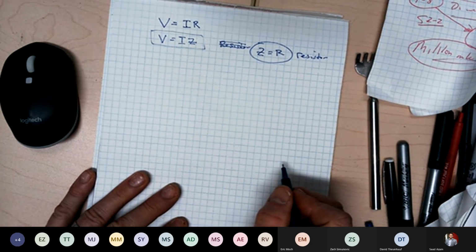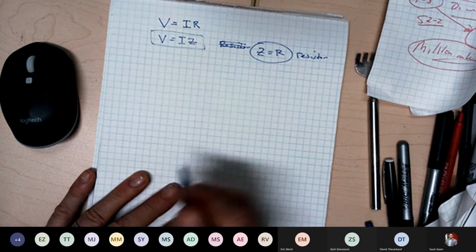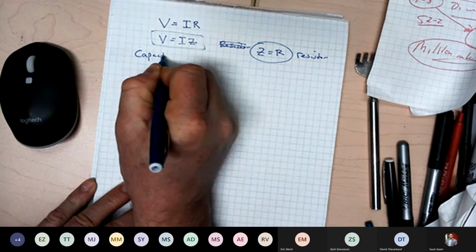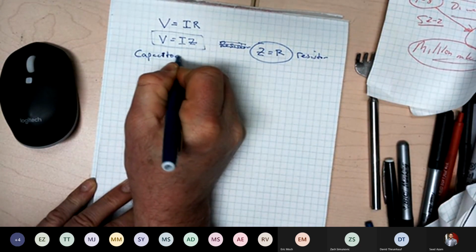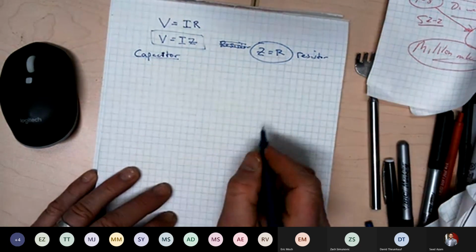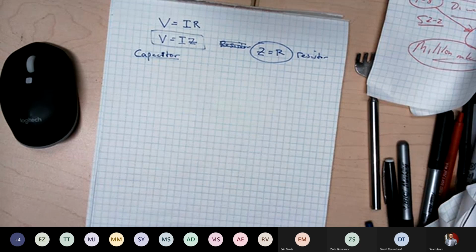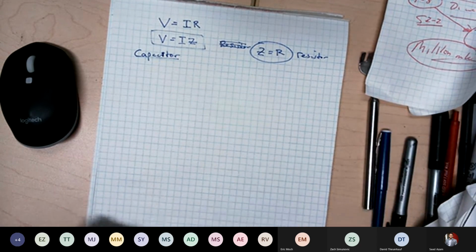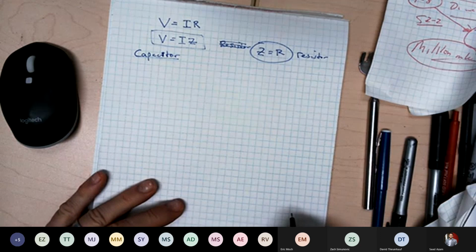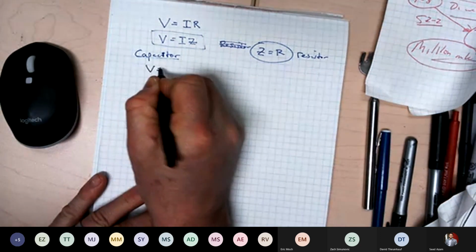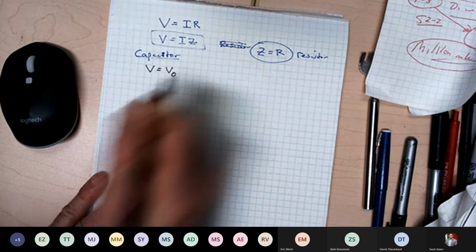Now we're supposed to do a capacitor. Well, a capacitor is more complicated. So what we're going to do is apply a voltage, which is an AC signal. V equals V naught.